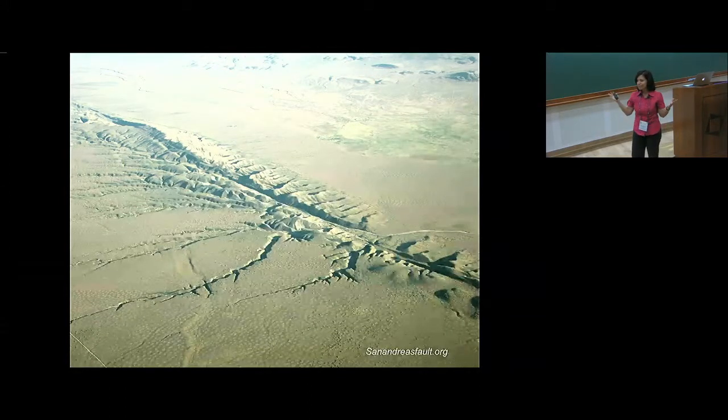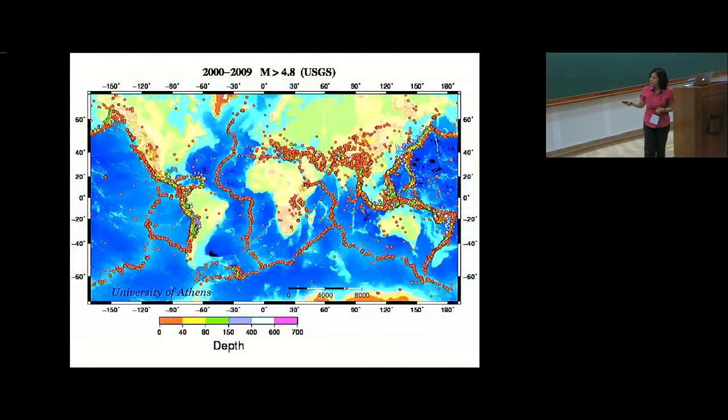We care, not just for curiosity's sake, because these different kinds of boundaries mean different kinds of earthquakes. This is an earthquake distribution map that I showed you earlier. Where you have these collisional boundaries, where two plates are colliding with one another, the subduction zones, these are the regions where you have the largest earthquakes, okay?